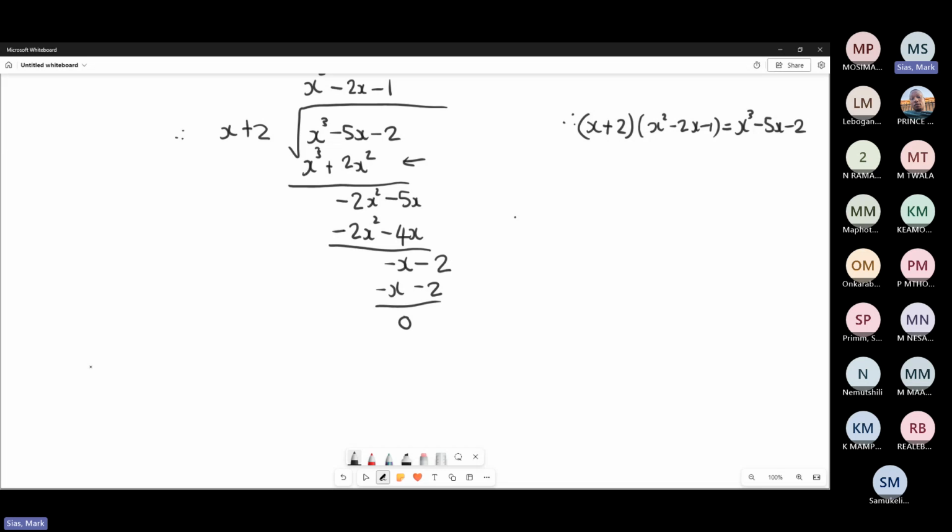So in totality, the polynomial of degree 4 may be written as, the original thing was x to the fourth minus 5x cubed minus 5x squared plus 23x plus 10.